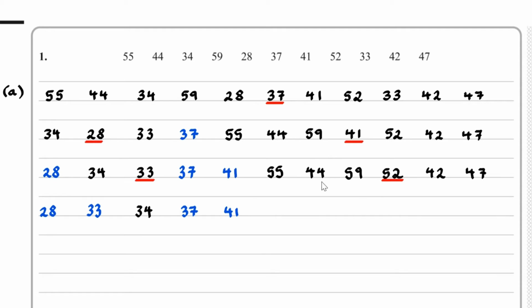Now you can see the 44 is smaller than 52, and the 42 is smaller than the 52, but 55 is bigger than 52. Same with the 59, and the 47 is smaller than the 52.